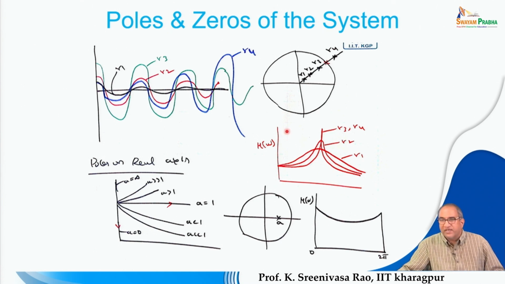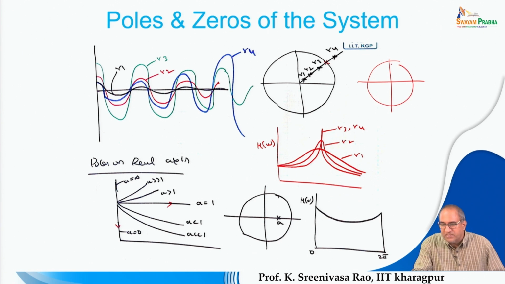Likewise, suppose for example, what happens if you have zeros? Zeros provide the anti-resonances. It means, suppose you have a system, this is the z-plane, and you have a pair of zeros somewhere here which are complex conjugates, right, and these zeros will offer anti-resonances.